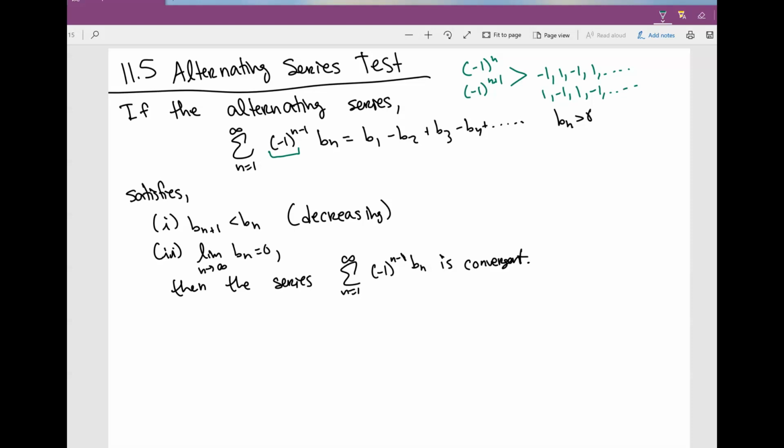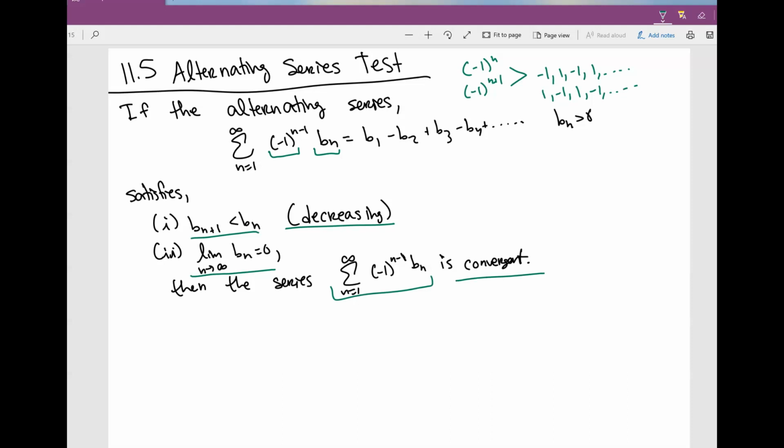one of the things you want to be able to do is use the alternating series test. What this test says is that if you have a series that's alternating, notice the signs are changing, and you have this b sub n term attached to it, and this b sub n satisfies the following two conditions: A, it has to be a decreasing function, and B, when you take the limit as n goes to infinity of b sub n, it equals 0, then you can say that this whole series is going to be convergent.